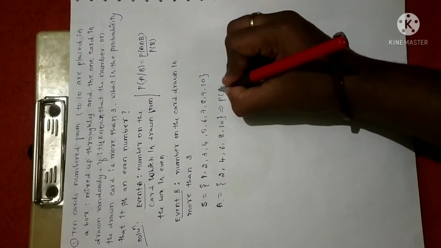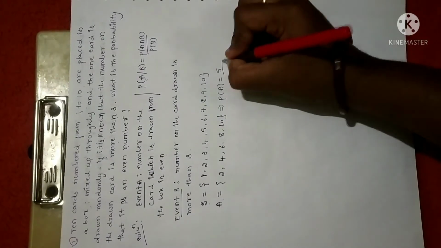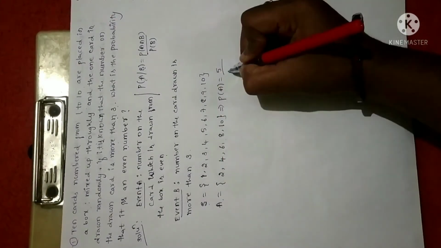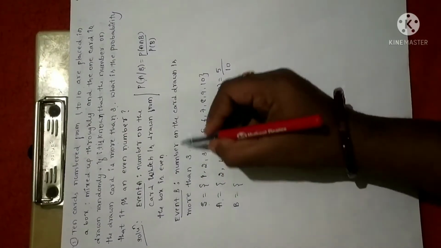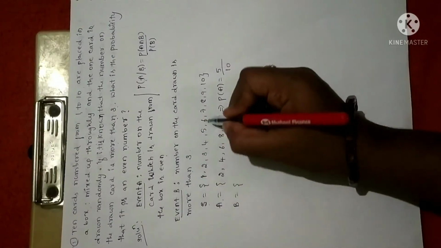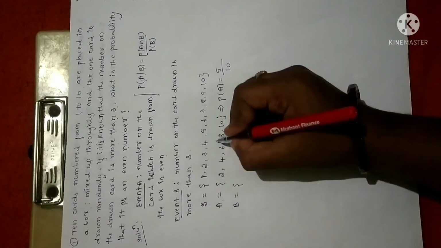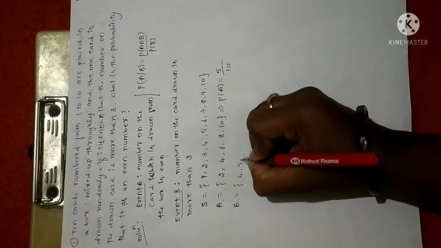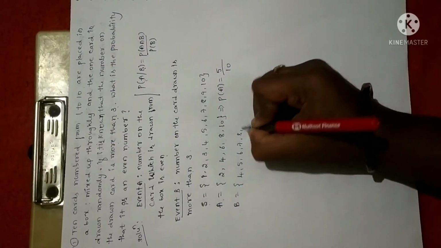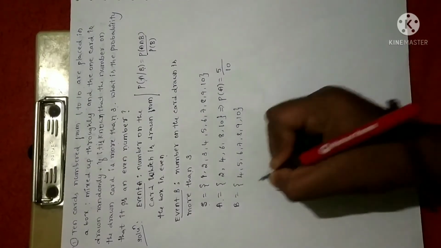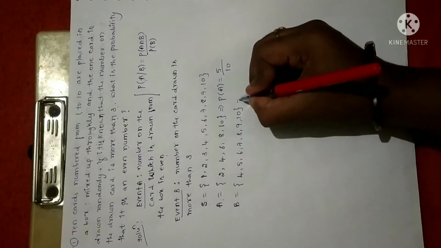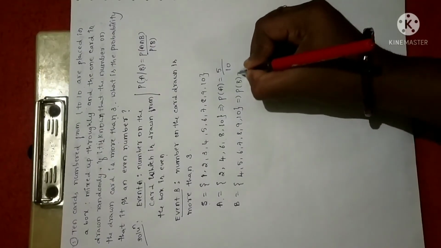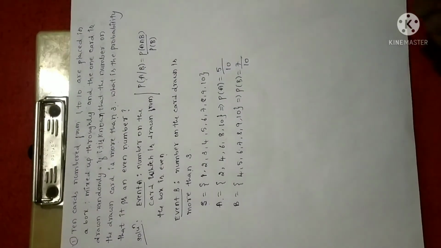Therefore probability of A is 5 divided by 10, the total number of cards. Now let me write event B: the number on the card drawn is more than 3. More than 3 means 4, 5, 6, 7, 8, 9, 10. How many numbers? 1, 2, 3, 4, 5, 6, 7. Therefore probability of B is 7 divided by 10.